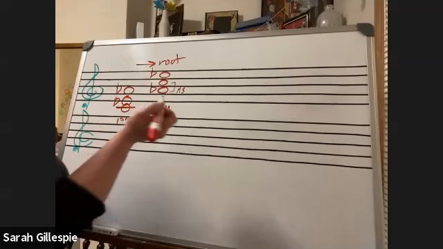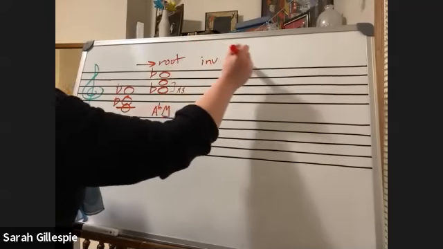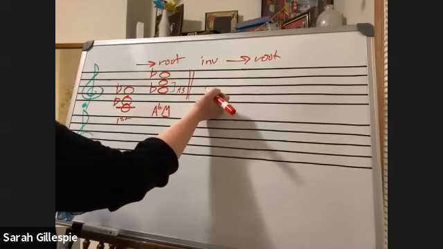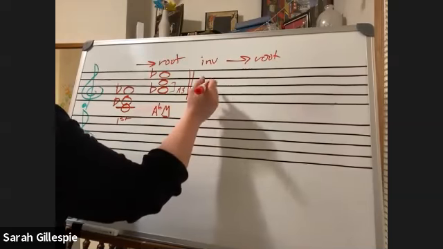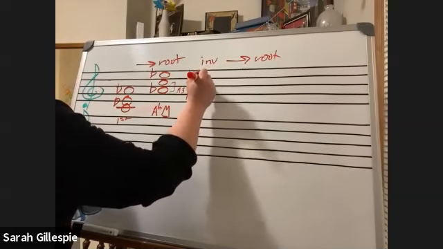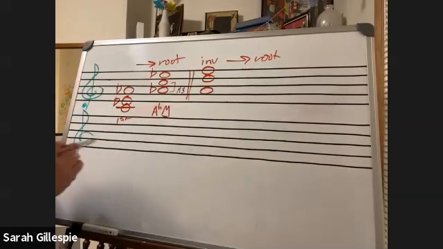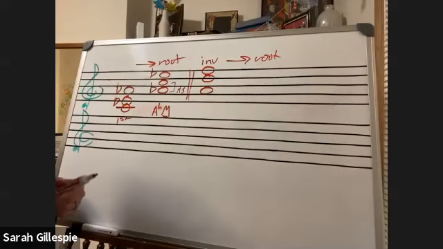Let's do another one of these. So we're going to go from some inversion and we're going to go to the root. And we'll say that that's a different one. Let's do this one. First of all, let's stack it back in root position, and then let's figure out what chord that is and if it is major or minor.